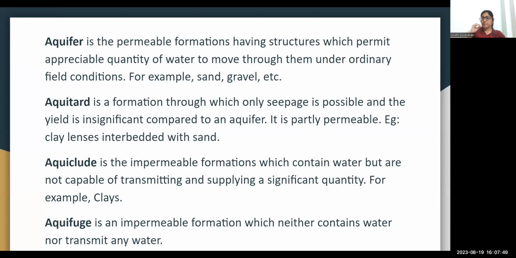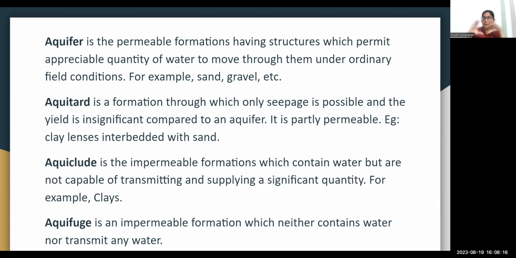So, what kind of geological materials form an aquitard? When there is a sand layer and a small clay layer is embedded in this sand layer, or a clay lens is embedded, a small portion of clay filling is also interbedded with the sand layer, then such formations are examples of aquitard. Aquiclude is when it's a very impermeable formation.